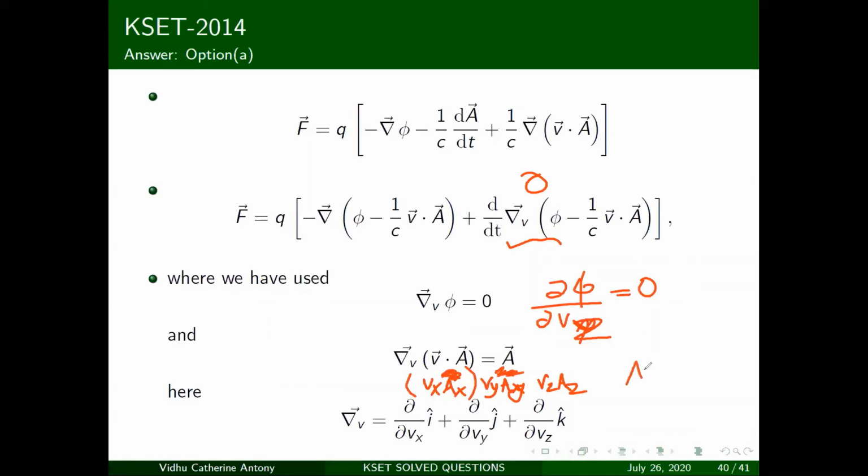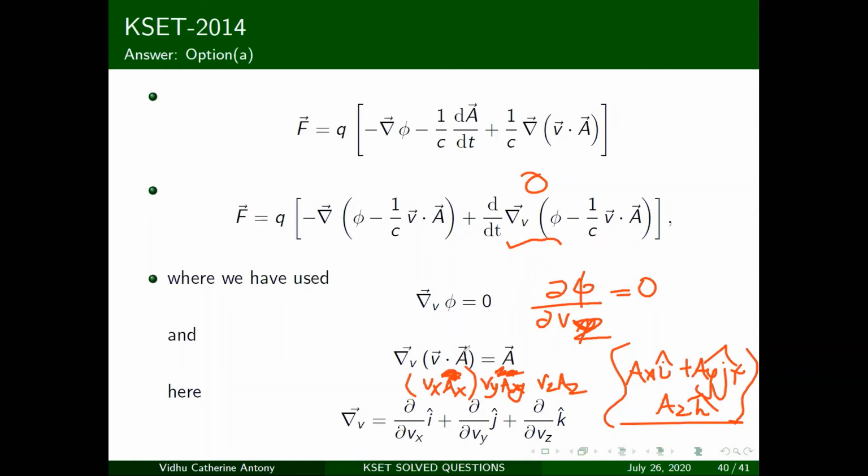All that remains is ax i cap plus ay j cap plus az k cap. I hope you go and work it out because it's probably very useful for the next semesters that are coming up. It's a nice tool to remember too.